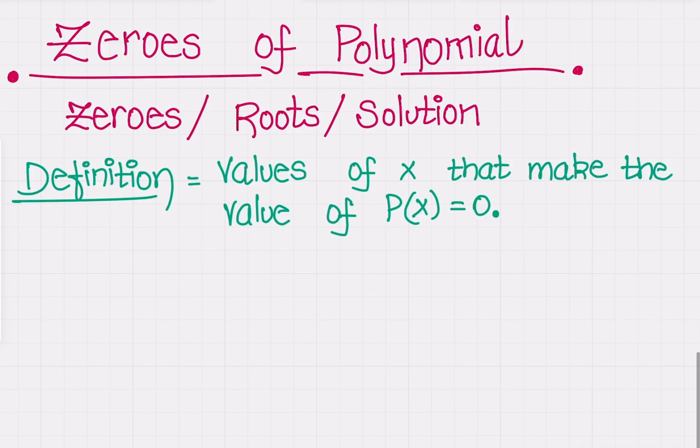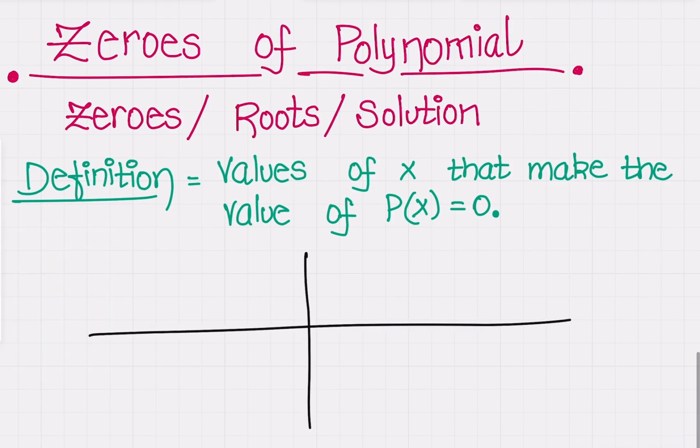So what do we mean by that? Let us take a look at a little graph here to make more sense of this. Let us say we have a polynomial function here, which looks maybe something like this.